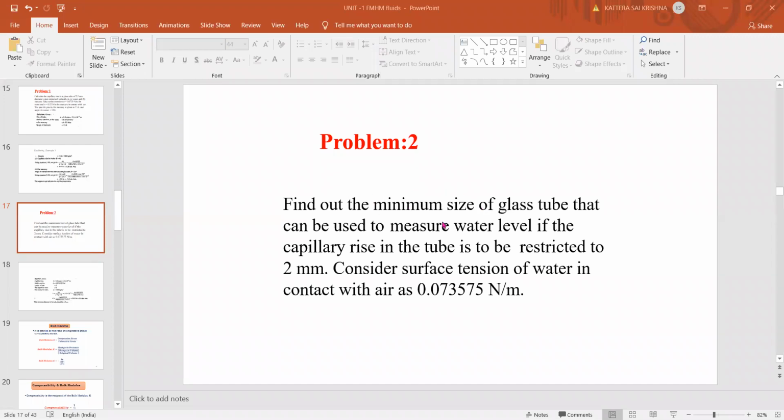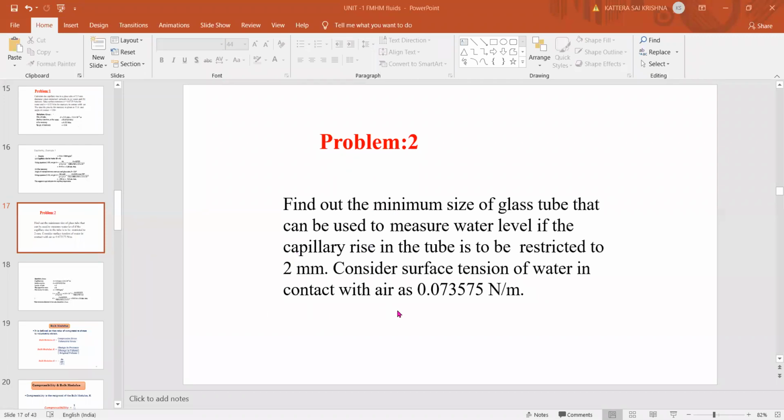We need to find the minimum size of the glass tube, nothing but the diameter of the glass tube. Please copy the question. After that, write down the given data.